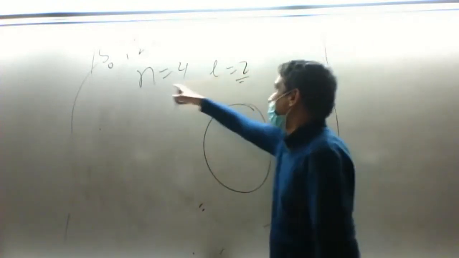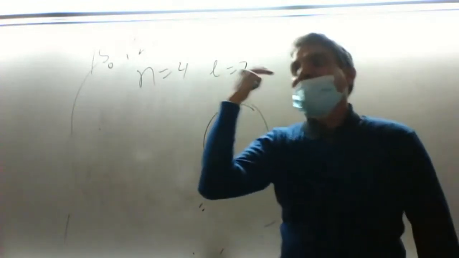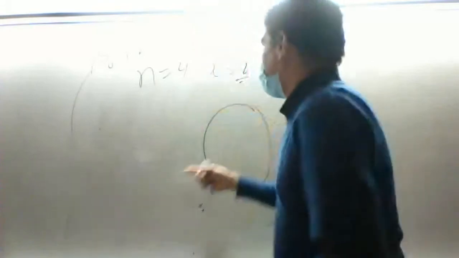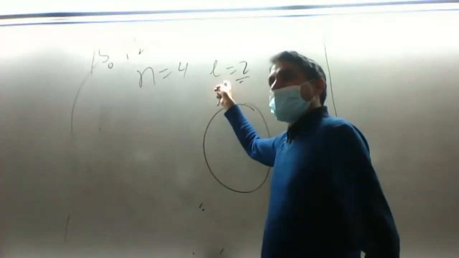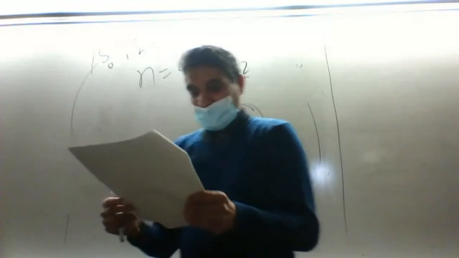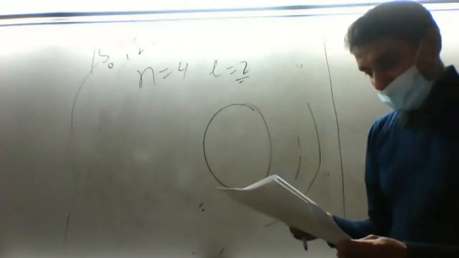So we just need 2 numbers, 4 and 2. See that? One is the principal quantum number, another is the L value, the azimuthal quantum number. Because how many possible L values are there? There are 16 possible L values, right? So I'm going to put one guy in a particular sheet, something like that. Now let's see 37.